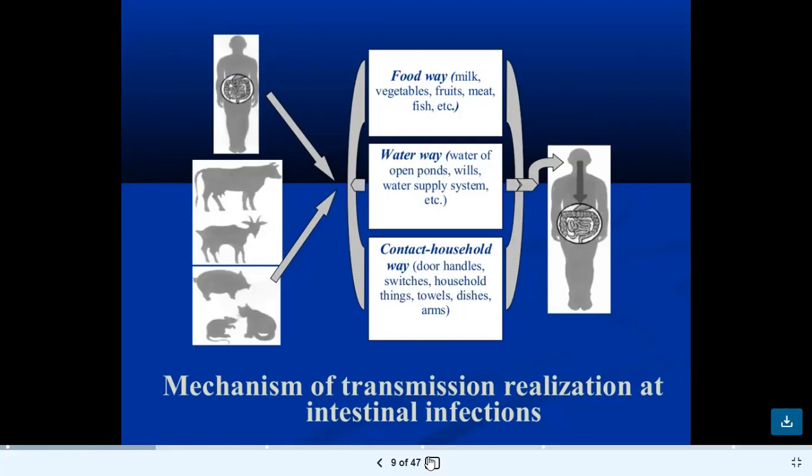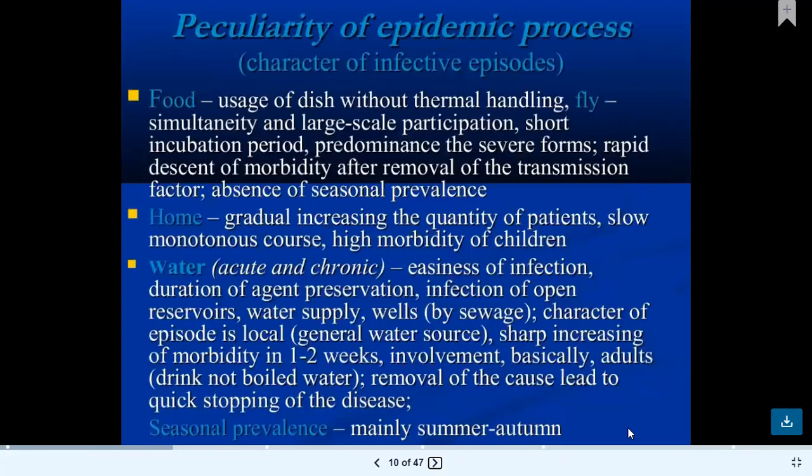Through all these, the infection can penetrate into the host. Now let's talk about the peculiarities of the epidemic process.